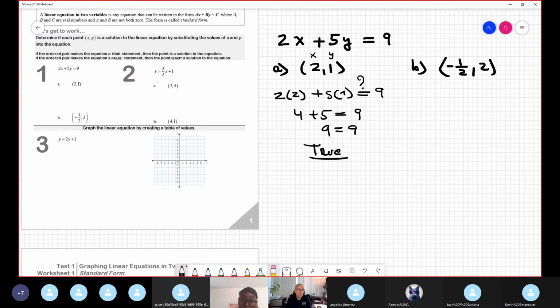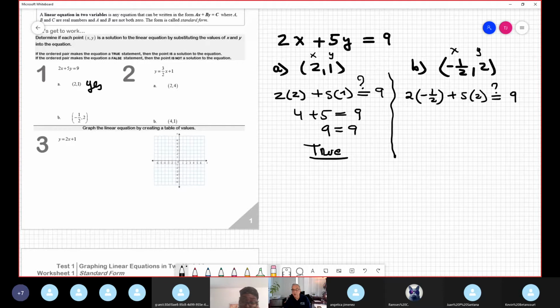So this point belongs to this line. Let's see what happened with the second point. The second point is 2 times parentheses negative 1/2. This is the x component, this is the y component, plus 5 times 2 should be 9.